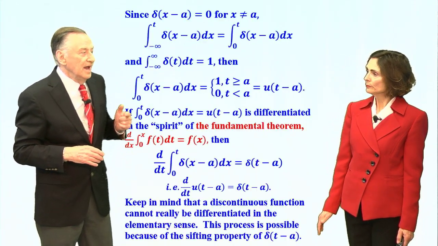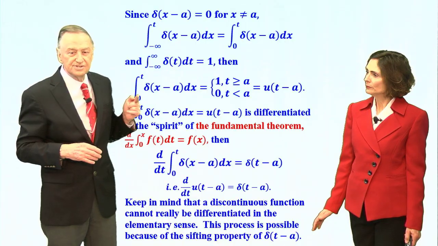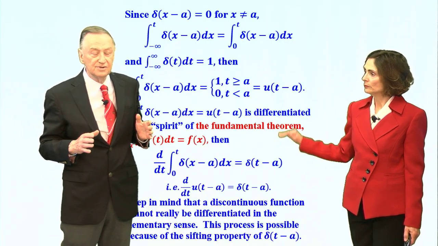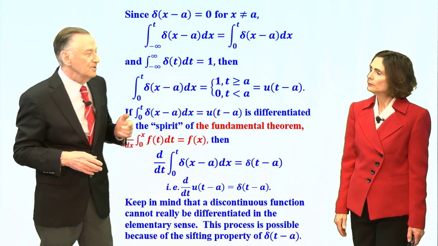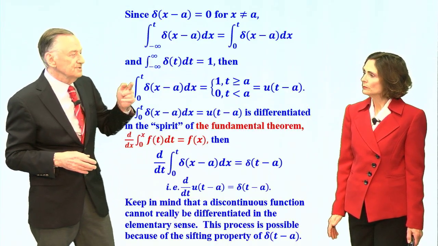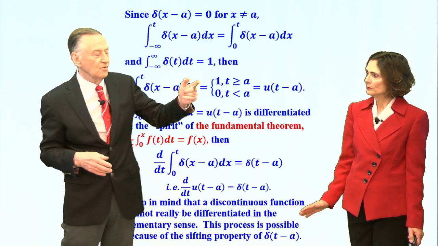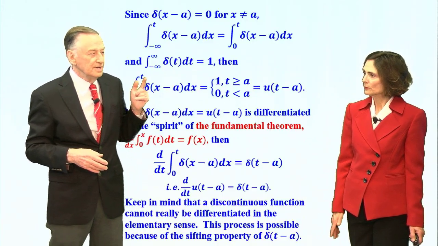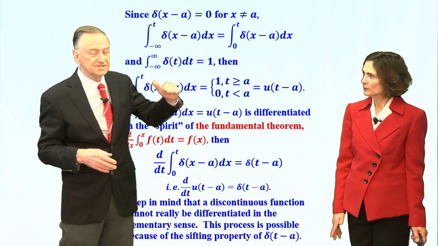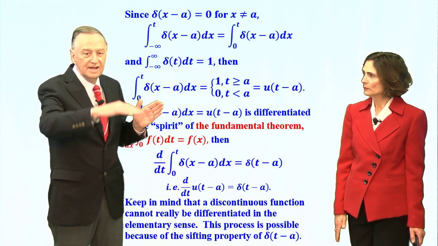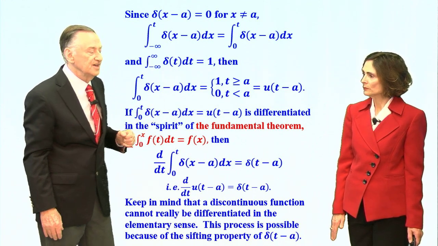And what we're going to look at here is the relationship between the delta function and the unit step function. Remember, the integral from 0 to t of delta of x minus a dx is equal to 0 up until t is equal to a, and then it stays 1. Remember, the area under the curve is 0 up until we get to a, and then it jumps up to 1 at that point.